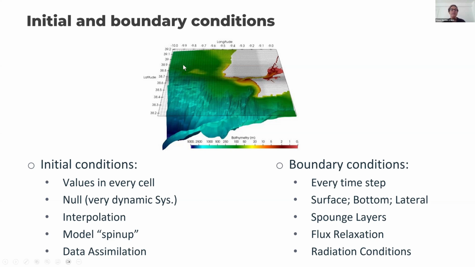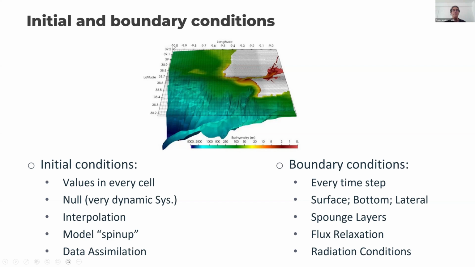So usually the results of the model close to the boundary are always bad, okay? So we should place our boundaries far away from our place of interest. So in this case, if you are interested in this estuary or this coastal area over here, you cannot place your boundary here. You should place your boundary far away, because close to the boundary, the results of the model will always be wrong, okay?